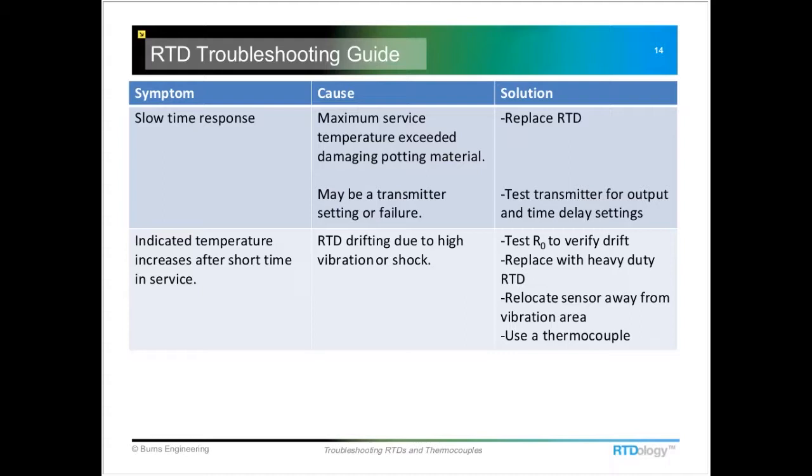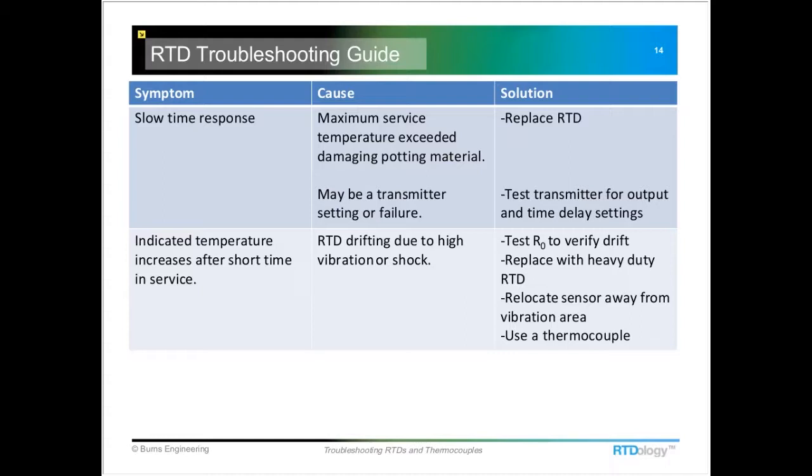If there's a lot of vibration or mechanical shock, maybe due to water hammer, or something else in the process that causes that, the temperature typically is going to drift up. With the insulation resistance, it's going to drift down.